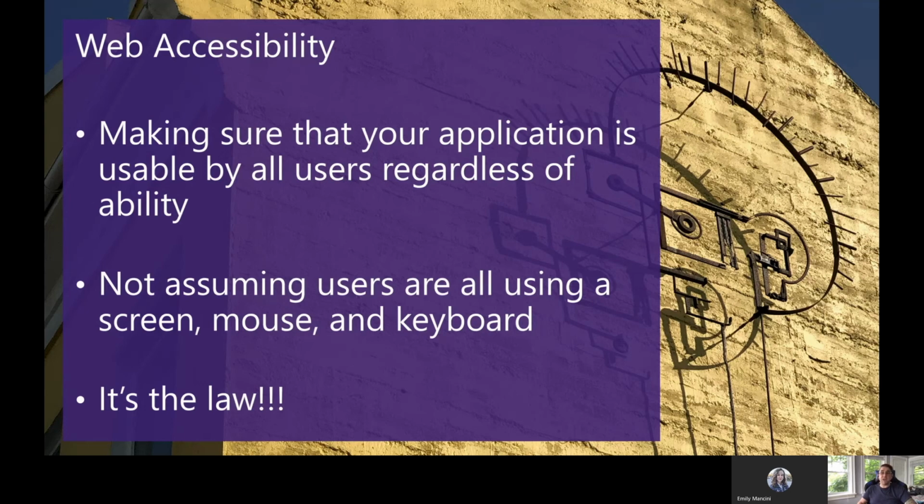As this field evolves, you're going to see that applying to more internal applications as well, because you can't assume that all of your internal company users are sighted or don't have mobility challenges. This is something that is going to start getting litigated, and you need to be in front of this.